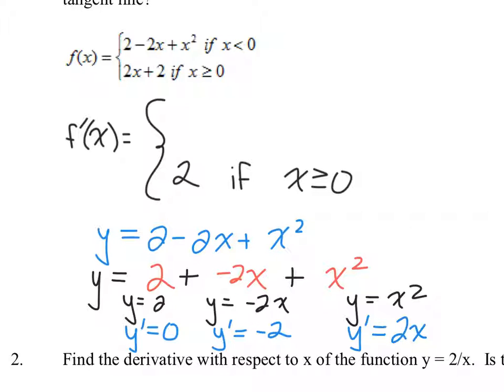Now, if you had to show it with the limit definition, it's going to be a lot easier to work off of just the x squared than it would be to work off of the entire thing. Because then you get the factor in by grouping, simplifying, and all that stuff. So all 3 of these components would then get added together to give you what it is that we are looking for.